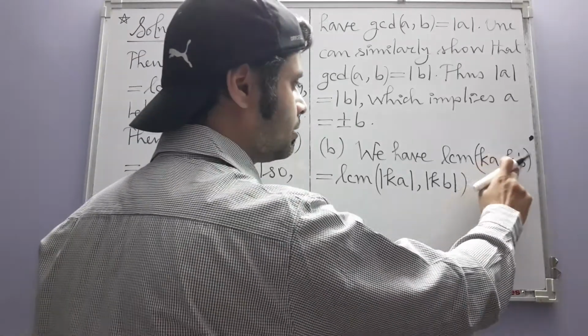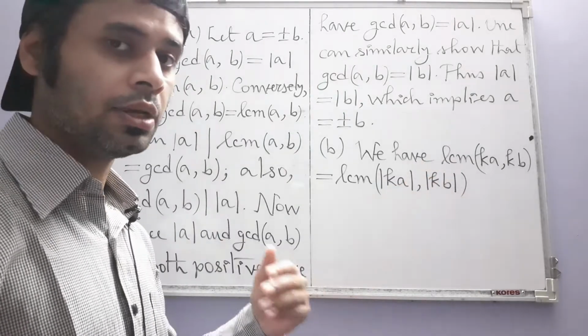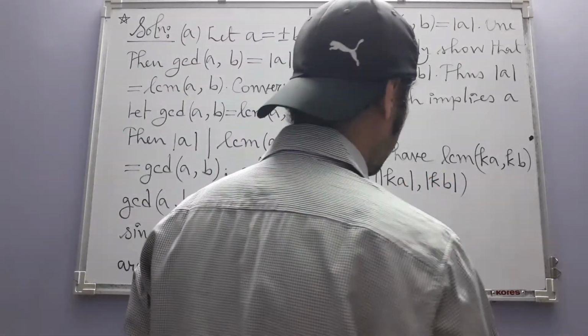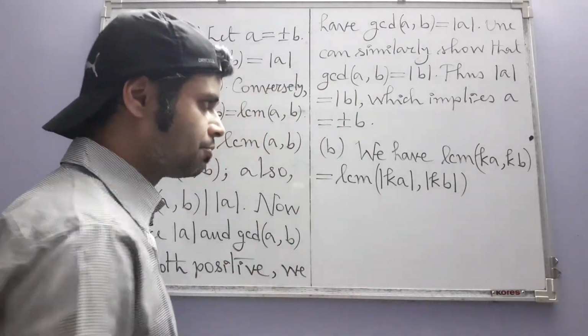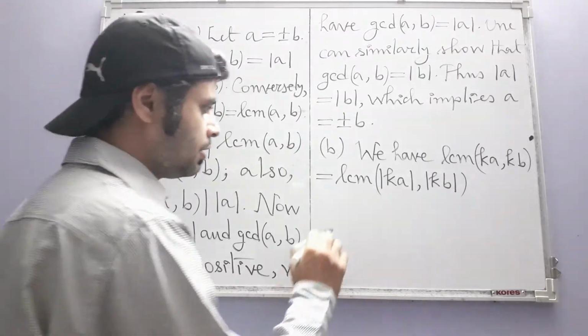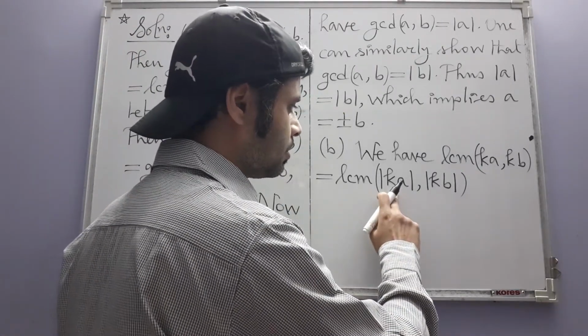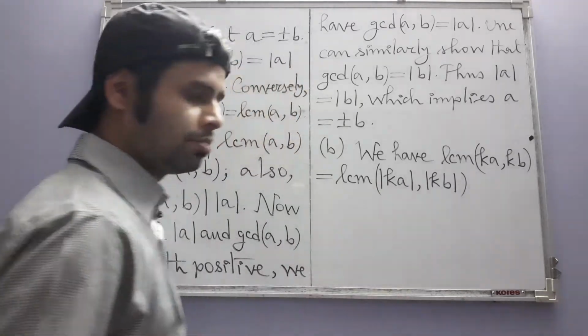So Ka and Kb are also both non-zero, and that's why their LCM exists in the first place. So that is okay. Now what have we done here? This we discussed before also. Namely, when you find GCD or LCM, the signs of the numbers involved do not matter.